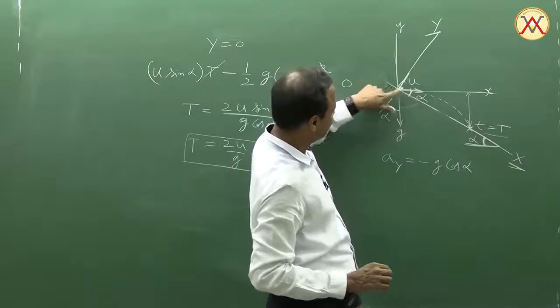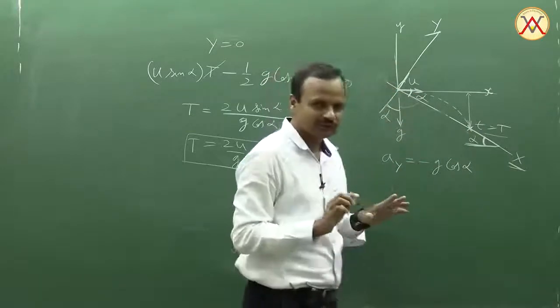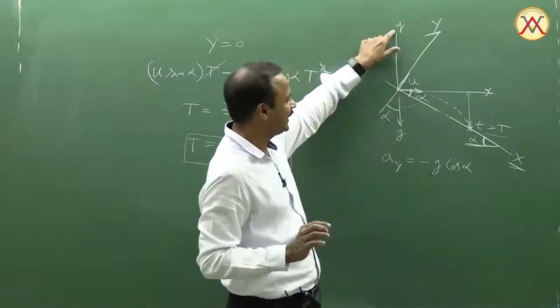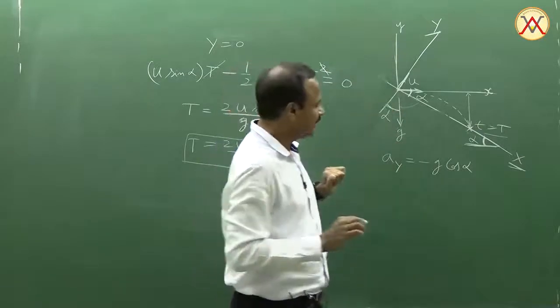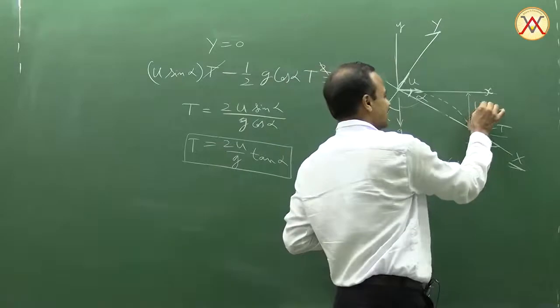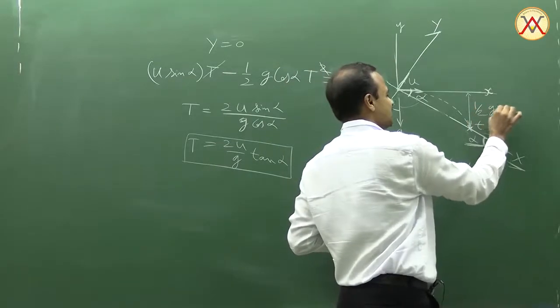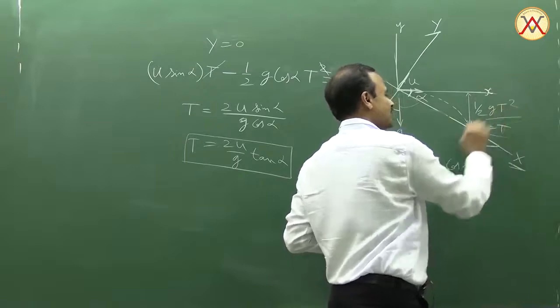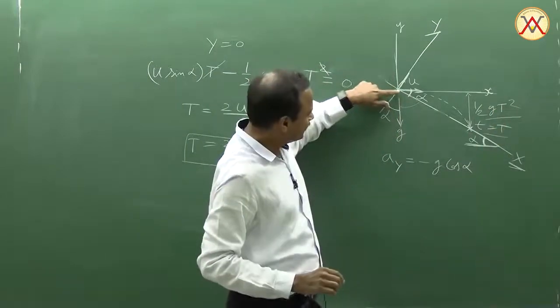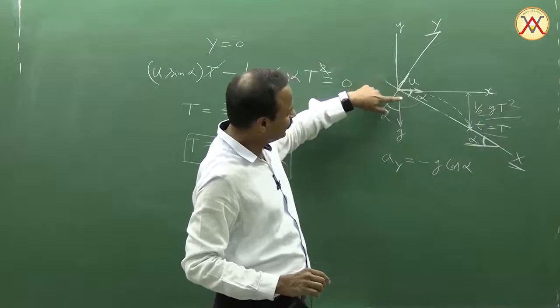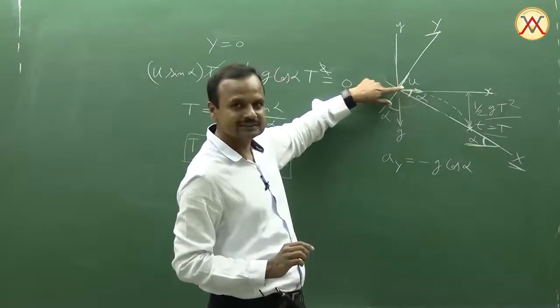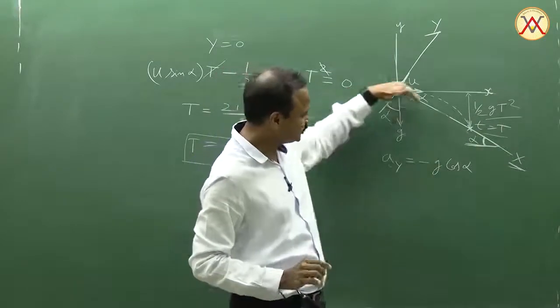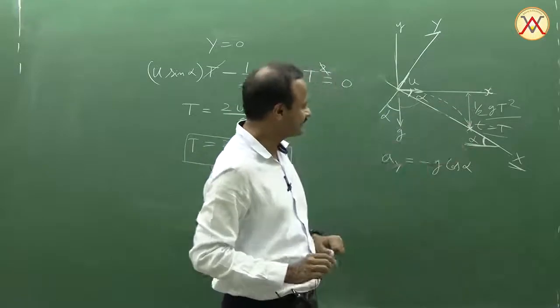Knowing the fact that the initial vertical component of velocity, u_y, is 0, we can write this as just half g capital T squared. So in time T it will fall by this distance.